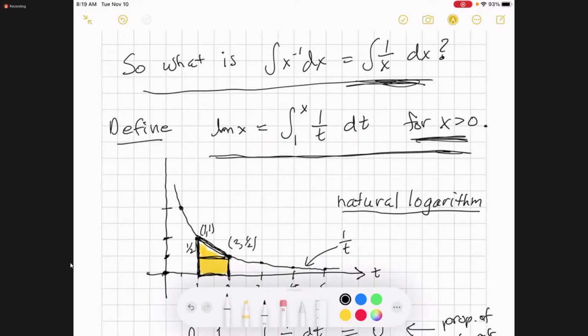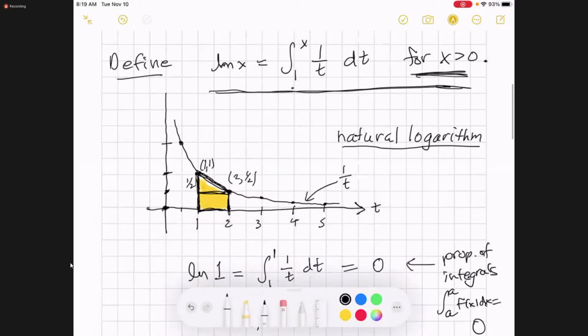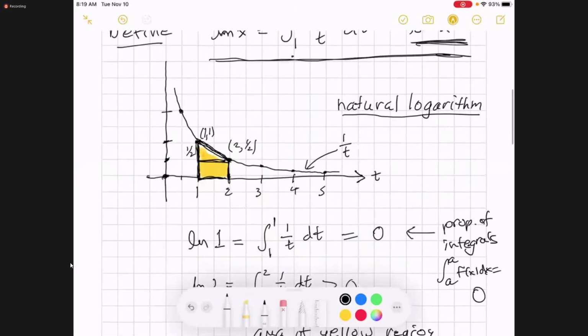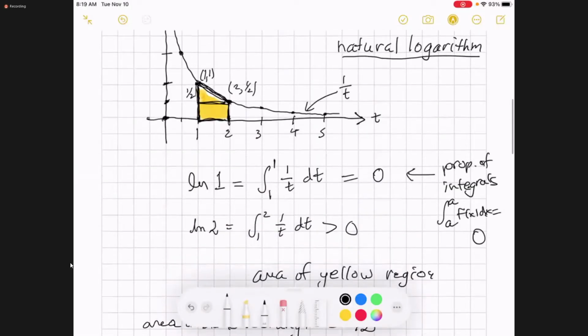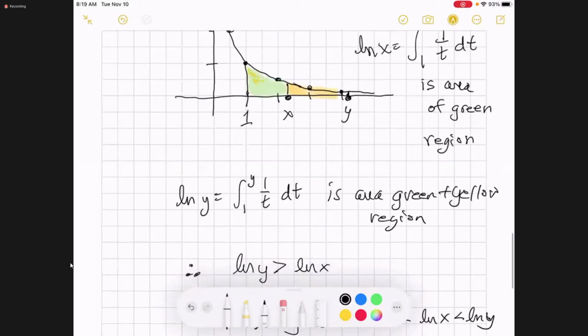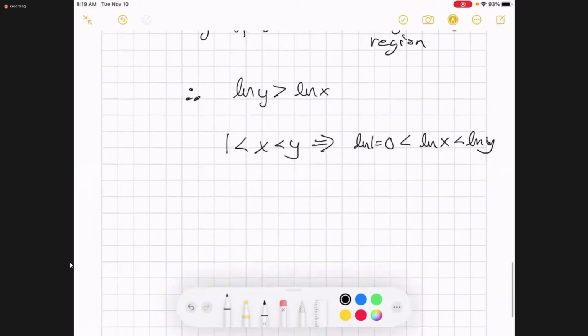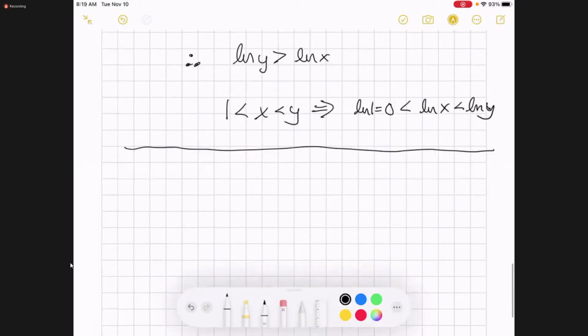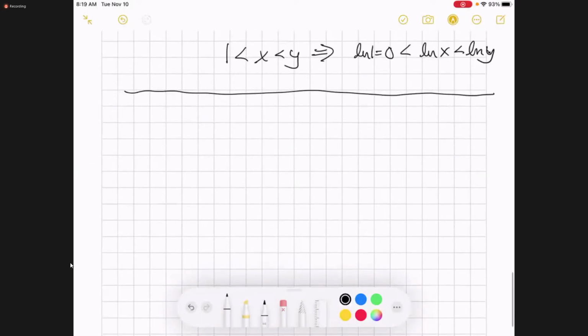And if I define my integral this way, x is the endpoint of an interval in the domain of 1 over t. So x cannot be 0. But it can be a number between 0 and 1. What happens then? So I'm going to draw another picture, another graph.